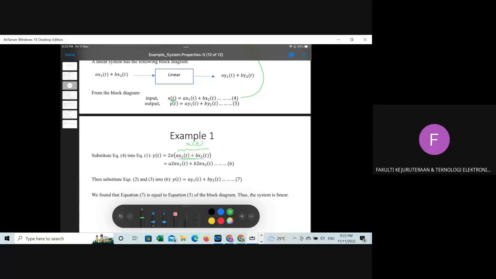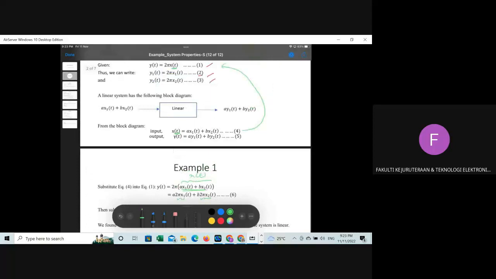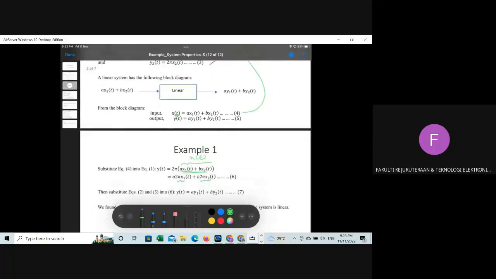Then you arrange this and you will see that you have a 2π x1(t) plus b 2π x2(t). The terms 2π x1(t) and 2π x2(t) are from equations 2 and 3. So you substitute equations 2 and 3 into 6, and you will have this.